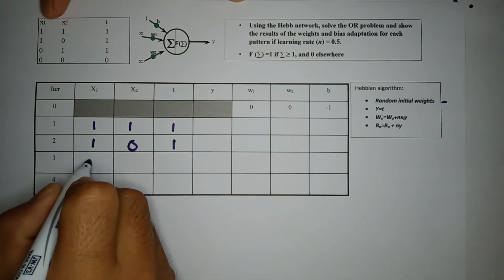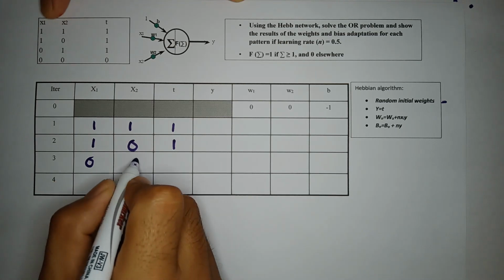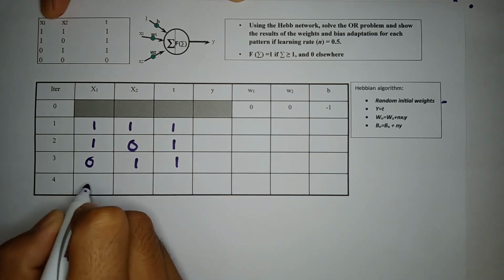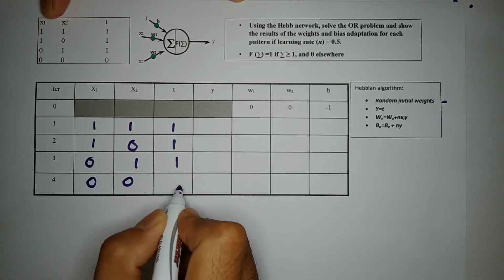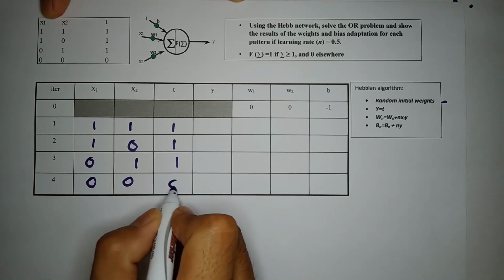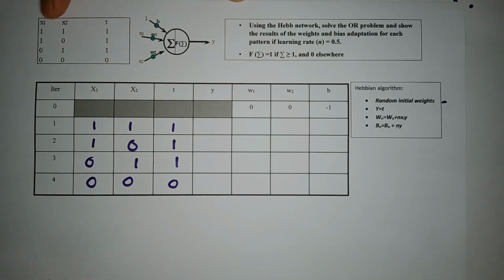The third is 0 1, target 1, and the fourth is 0 0, with target 0.